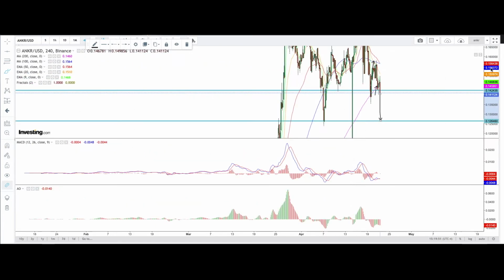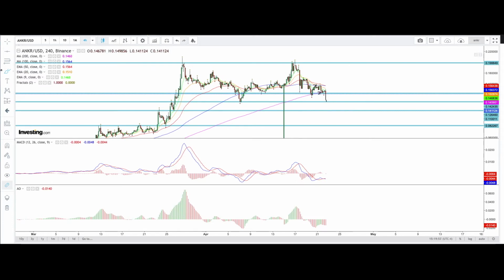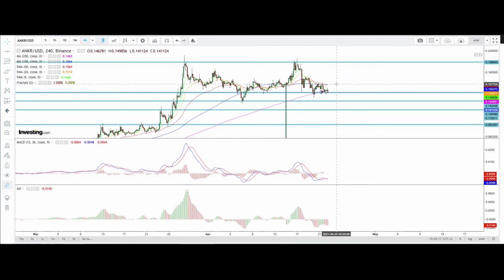Now we go back to the 4-hour chart and we can see that it hasn't even made a little dent in the 4-hour chart. But when we go back to the 4-hour chart, you can see a very clear red big candle about to go down. So what would you do in this case?